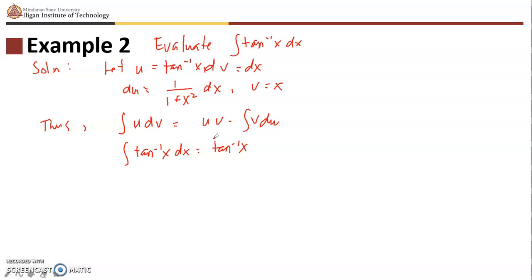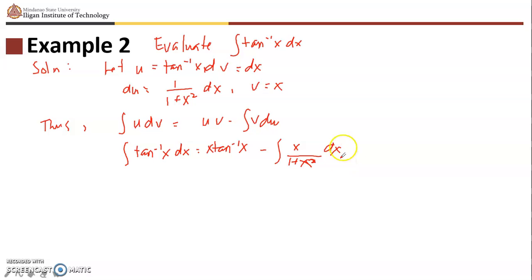Our v is x, so let's put x first here. Minus our v is x, and our du is over 1 plus x squared, and now properly dx. Okay.